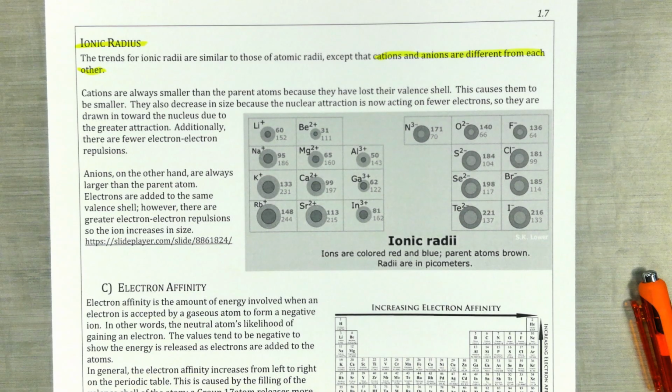When it becomes positive, that means it lost electrons, which means it could potentially go down a shell, which means anything that becomes positive becomes smaller than its original. Okay? If it becomes negative, it gained electrons, which means it pushes out more because there's more negative and less pull from the protons. So you're going to get a not much larger, but a larger ionic radius when you're negative, right?